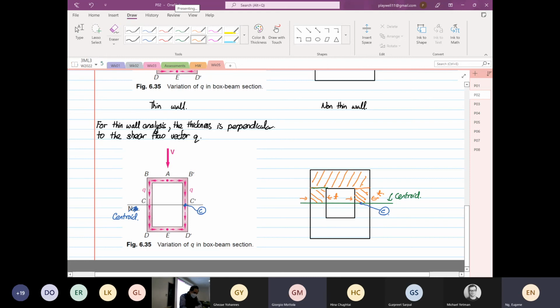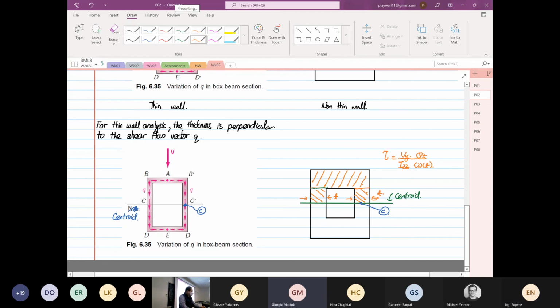Okay, so now our formula is shear stress is equal to V over I, or Vy over Izz is constant. You find our Qz, and then you divide by twice the thickness.